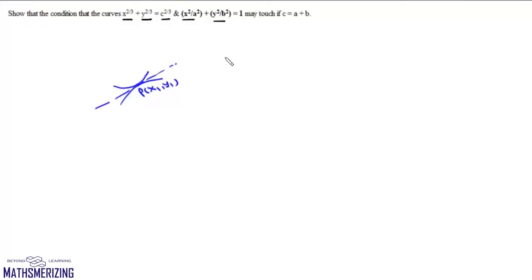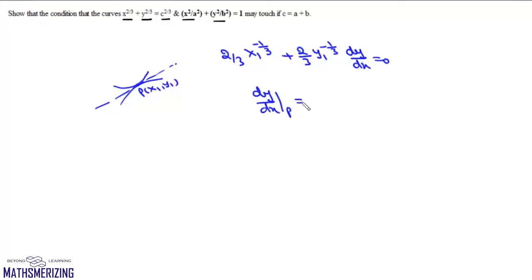Now we differentiate the first curve, we can write 2 by 3 x1 to the power minus 1 by 3 plus 2 by 3 y1 to the power minus 1 by 3 dy by dx equals 0. So dy by dx at this point P will be minus y1 to the power 1 by 3 upon x1 to the power 1 by 3. And this is our first equation.